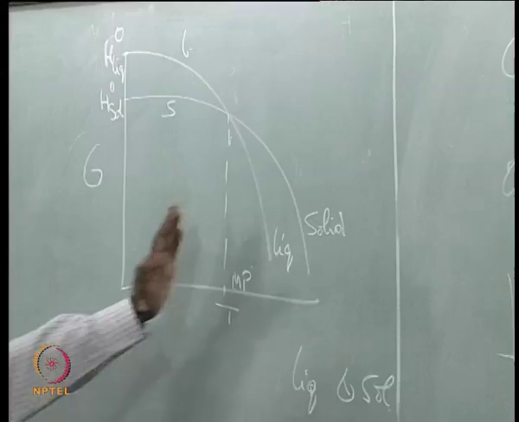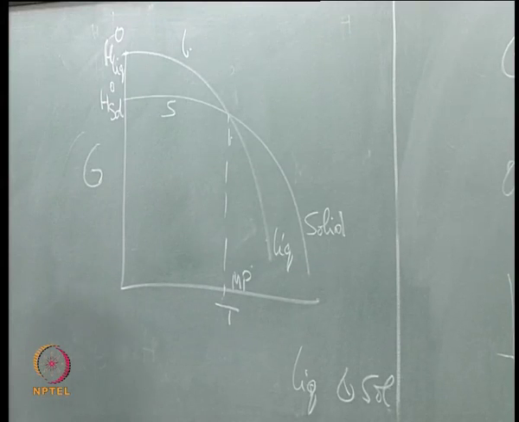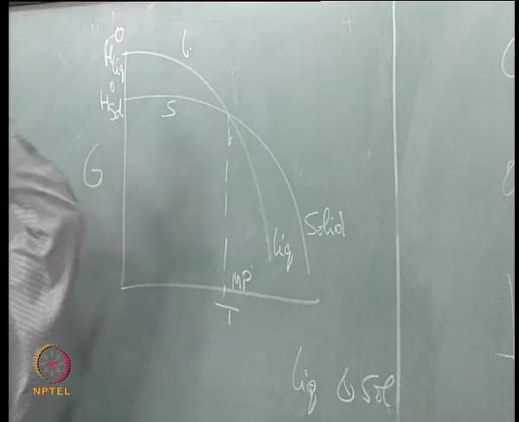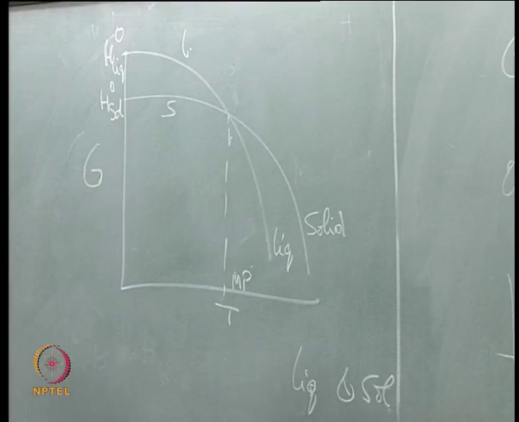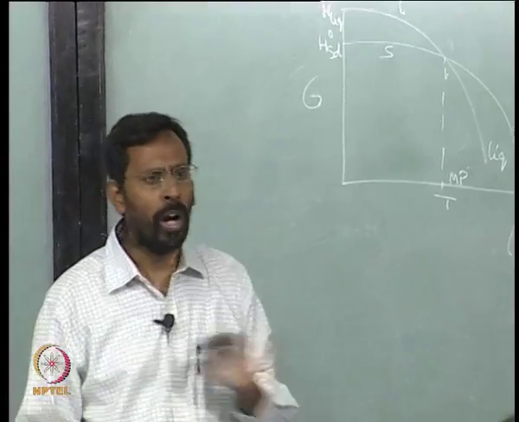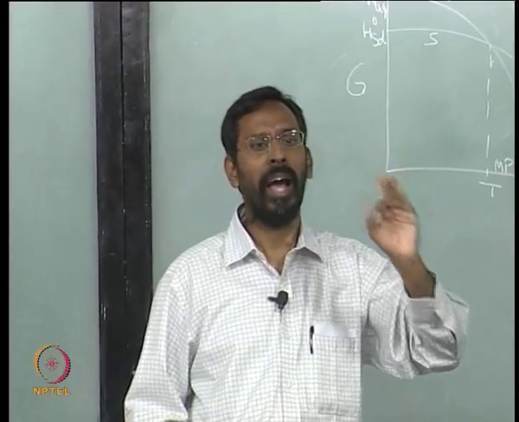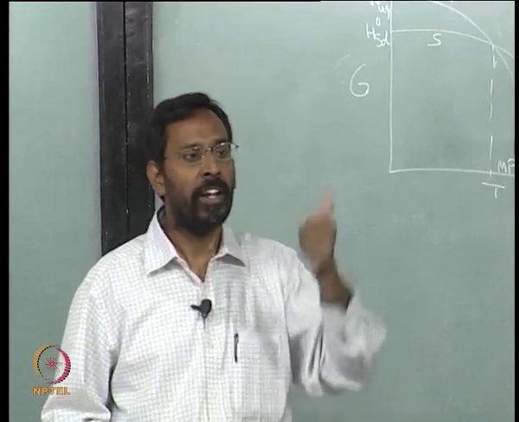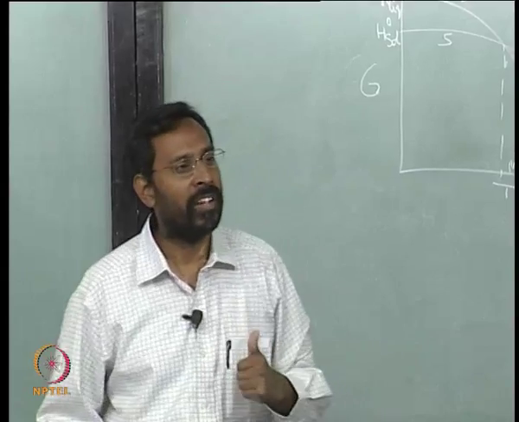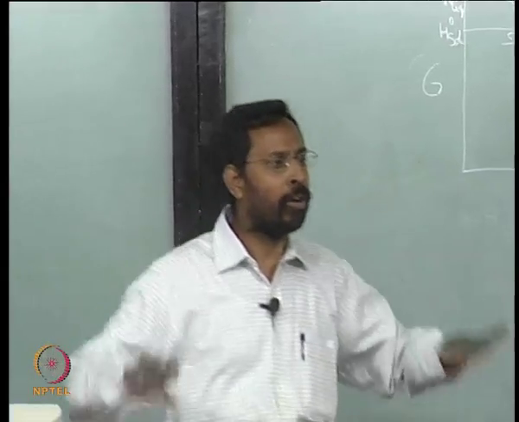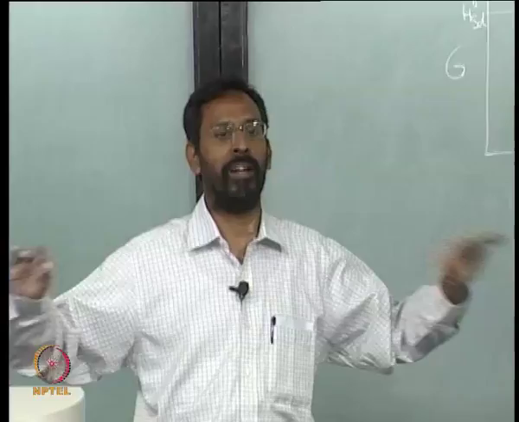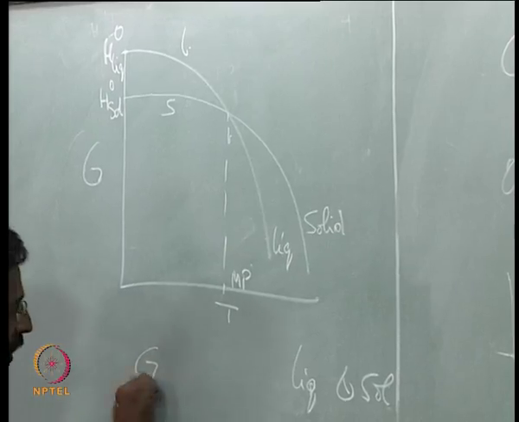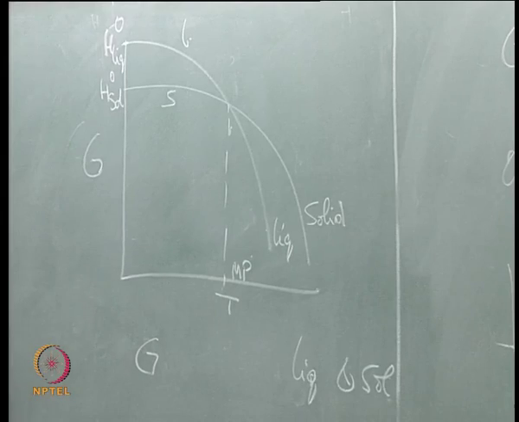And similarly when I come to the temperatures below the melting point, I can see that the solid free energy is lower than the liquid free energy at all temperatures. So at all temperatures below the melting point I can always say the solid is more stable because it has a lower free energy. Now we have one parameter which tells you that if that is lower, the phase is stable, and that parameter is the Gibbs free energy.